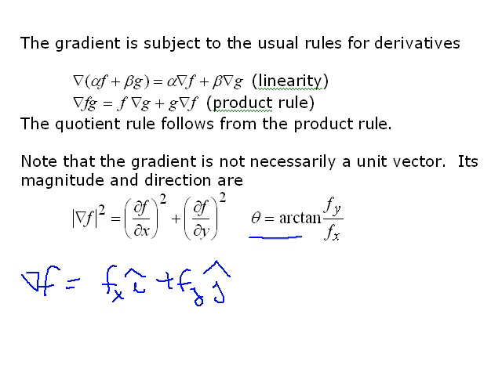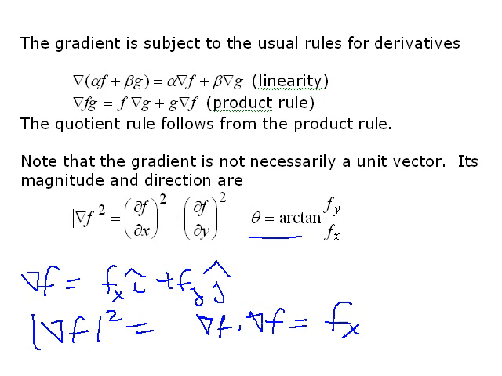Angle is the arctangent of fy over fx. And then the magnitude squared, you can take the square root later, is a dot product with itself, and that's where you get fx, the partial with respect to x squared plus the partial with respect to y squared.